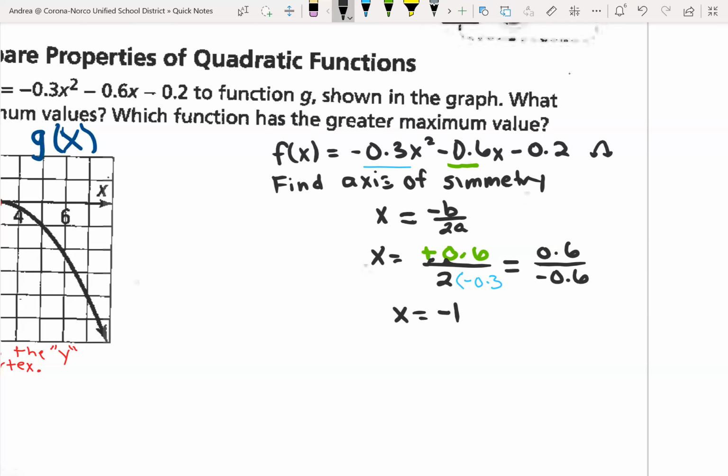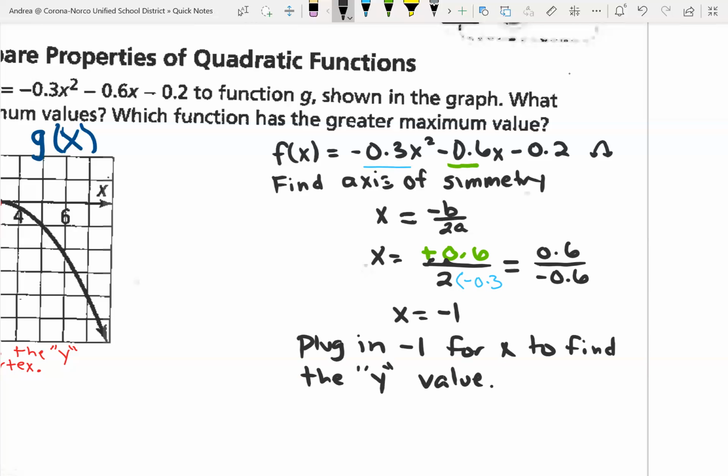Okay, that is not the maximum value though, right? That's the x value, so you have to plug it in. So we're going to plug in negative 1 to find the y value.